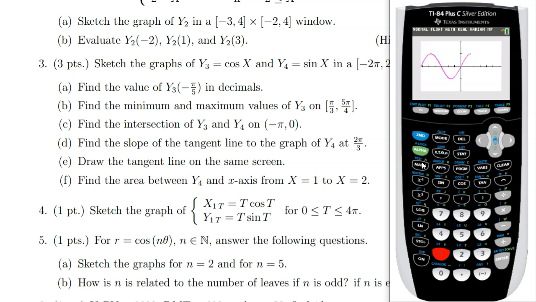Then we go to second trace, calculate, and number 7 is integration. So you do number 7, and then it sets the lower limit. Lower limit is 1, so 1 and enter. Upper limit is 2, so we put 2, enter. And then it computes, and it actually drew the picture for you as well. So that's part F.